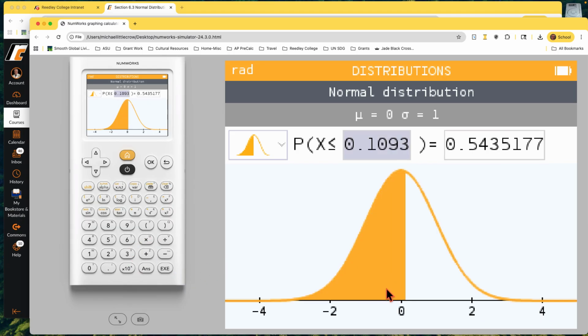The cool part is, this doesn't look like that graph, does it? So there's an indication I must have done something wrong, because it's supposed to look like that graph. That's why we use this tool: you've got both a visual of what it's going to look like, and you get the calculation as well. The TI-84 calculator has an option to do these kinds of things, but it doesn't give you the graph.